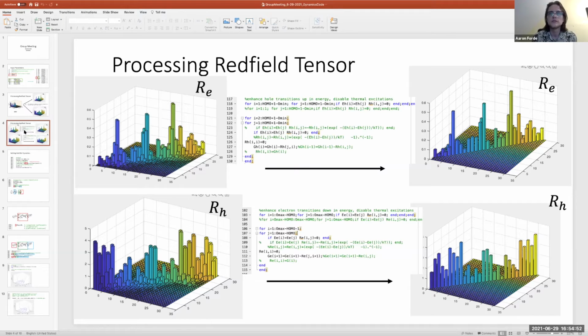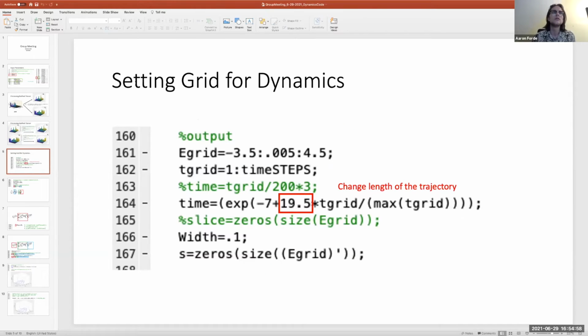And so that's the processing of the Redfield tensor. Then to make the green figures, you have to tell MATLAB to make an energy and time scale. Depending on the simulations you run, if they seem too short, so that the yellow and blue lines don't completely go to the bottom, you can increase the time of the simulation by increasing this number in the red box.